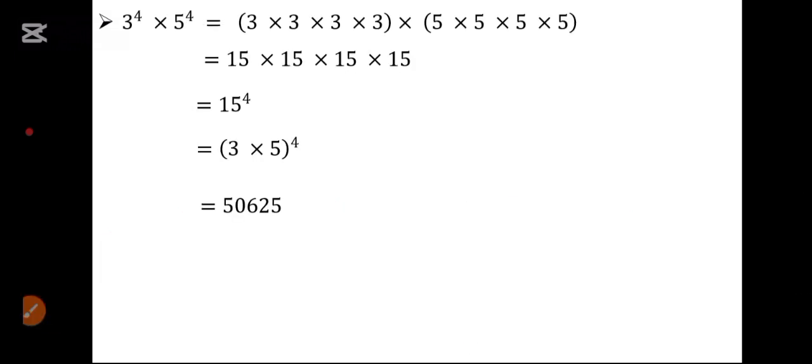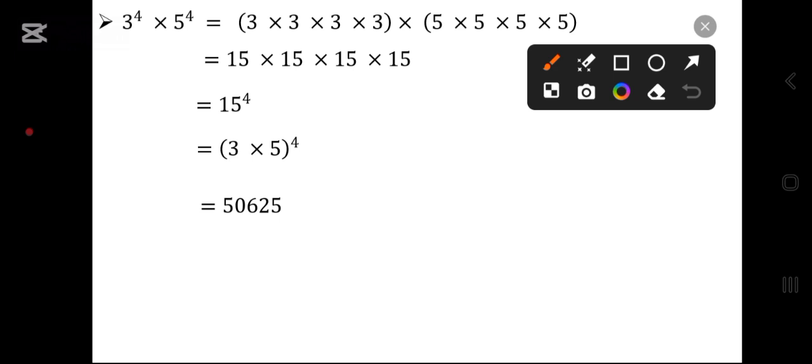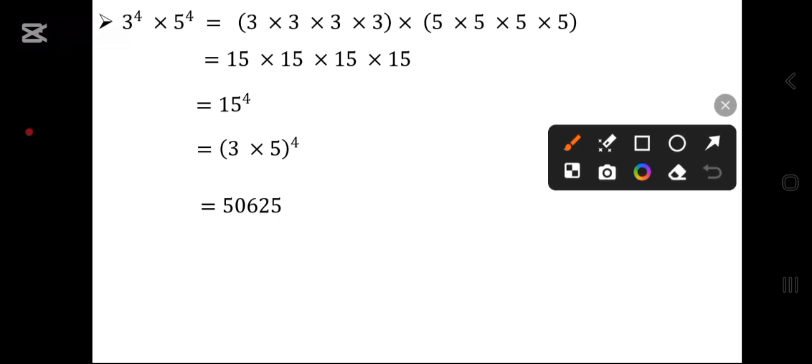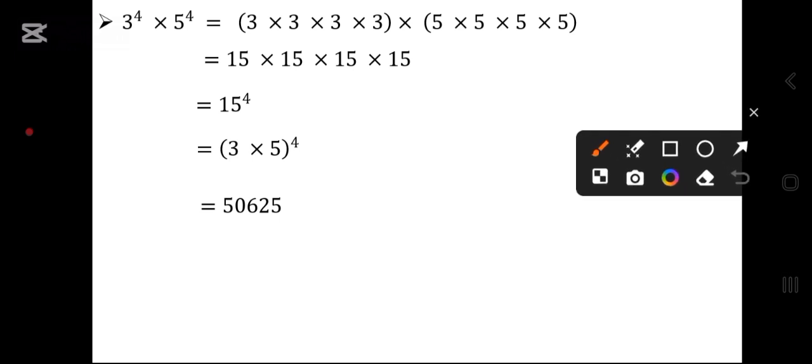So let's move on. Here we have different bases, 3 and 5, but the powers are the same. Since the bases are different, we multiply the bases and raise it to one of the powers, since the powers are the same.